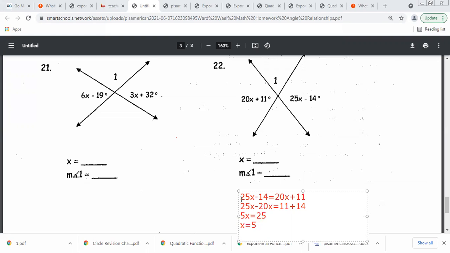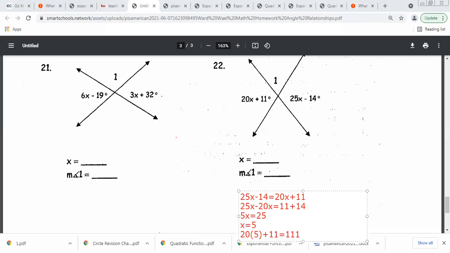Before you find the measure of angle 1, we have to substitute in one of those two. Then 20 times 5 plus 11 will be equal 111.